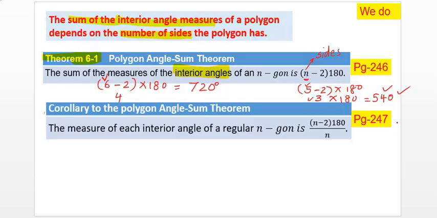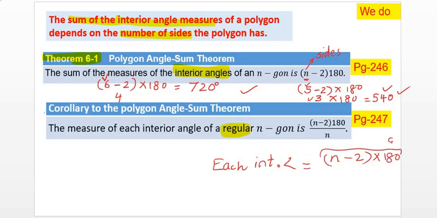Is that clear? Okay, now we have a corollary, or a result, of this theorem. When you are dealing with regular polygons, each interior angle, which is the short way to write interior angle, will be equal to n minus 2 times 180 divided by n. Now what is all this?